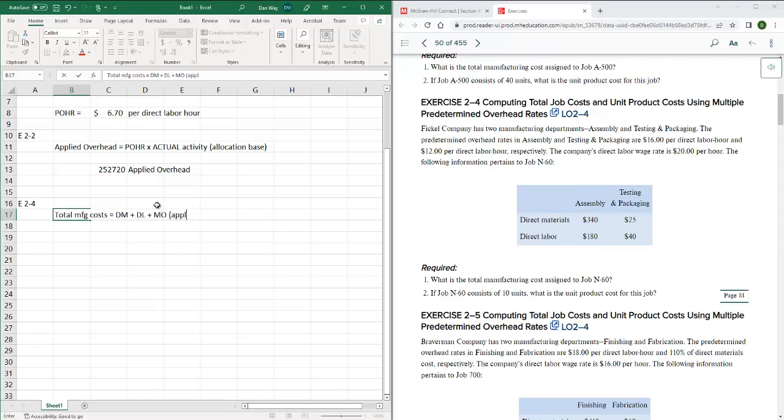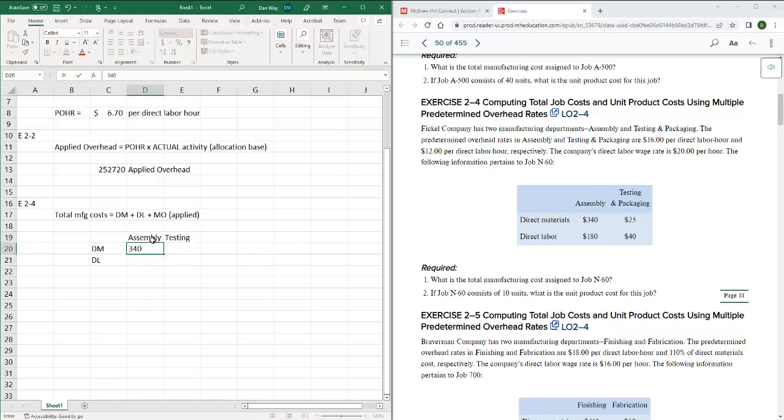And more specifically, that would be our applied overhead. Okay, so that's really what we're shooting for here, since we already know what direct materials and direct labor are. But let's jot these out in a little mini matrix, reproducing that table right there just to help us keep track of everything.